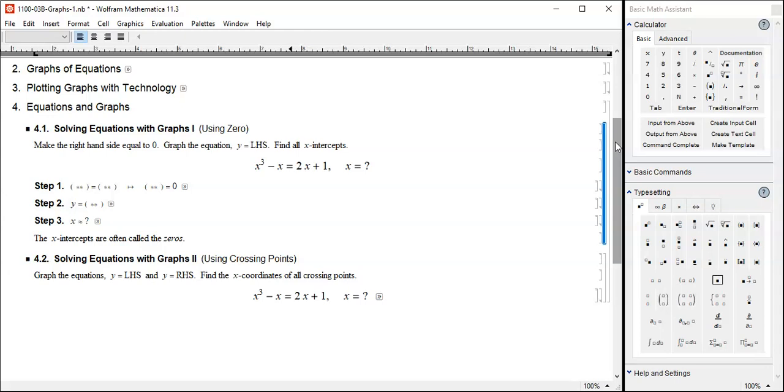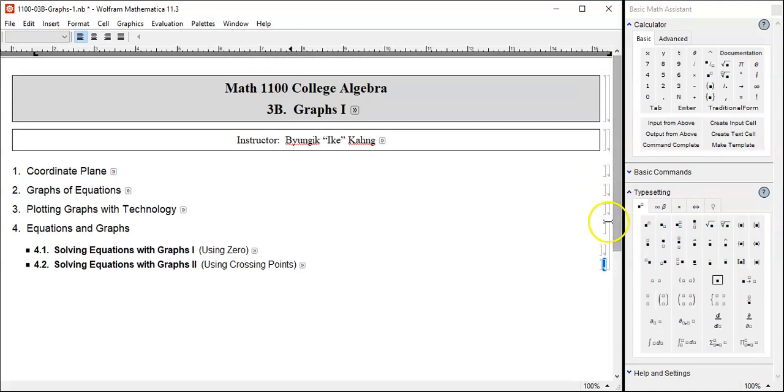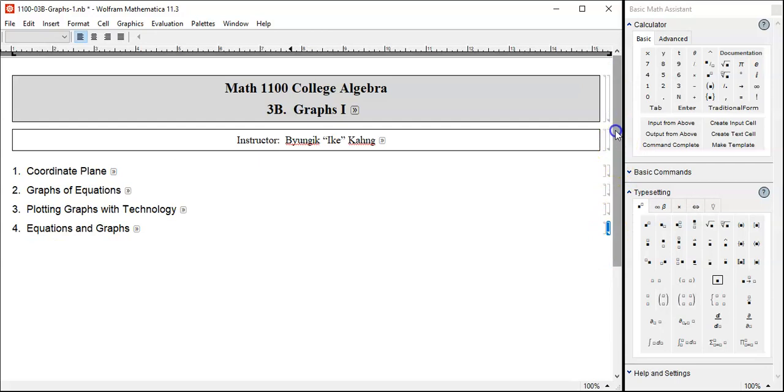All you need to do is zoom in, and then read the x-coordinate value with appropriate rounding. Then you're going to get your answer. That's how equations and graphs are related, and that's how you use technology. Of course, there are other uses of technology as well, but as far as equations are concerned, that's how you do it.